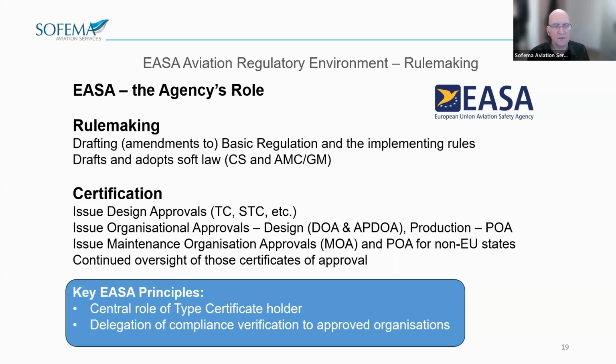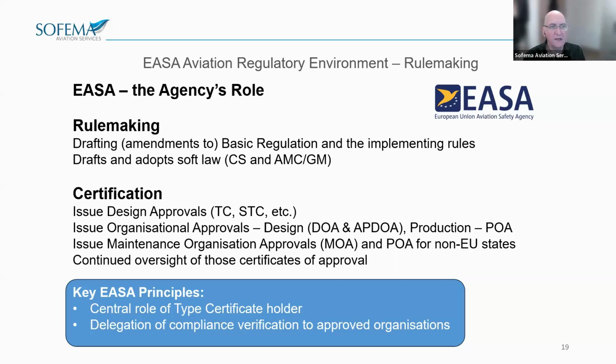So European rules and oversight mechanisms, including the maintenance of products, ensure that the initial levels of safety from a design and from a type certificate are maintained throughout the product's life. The 2 principles which you might say operate in EASA are the central role of the type certificate holder for owning the airworthiness of their products throughout their life cycle.